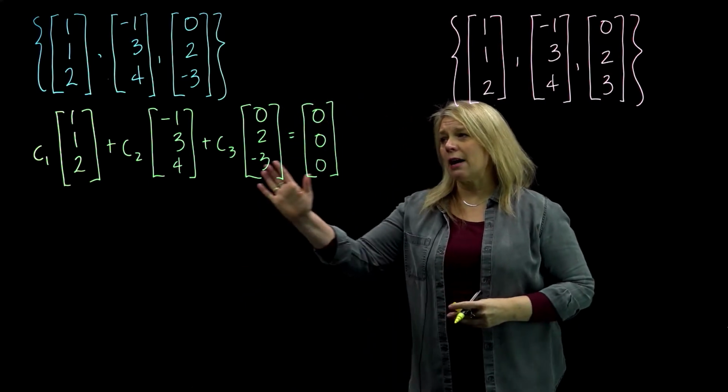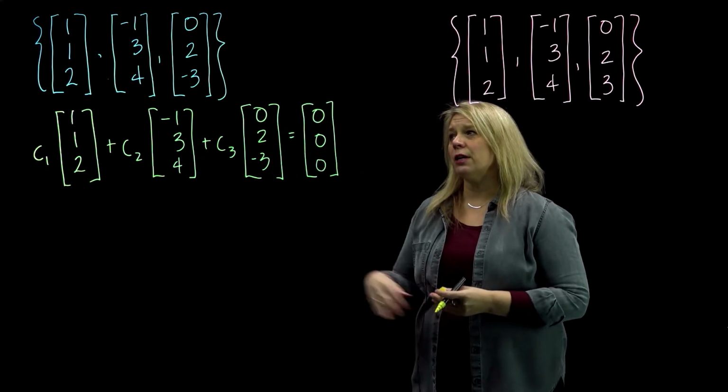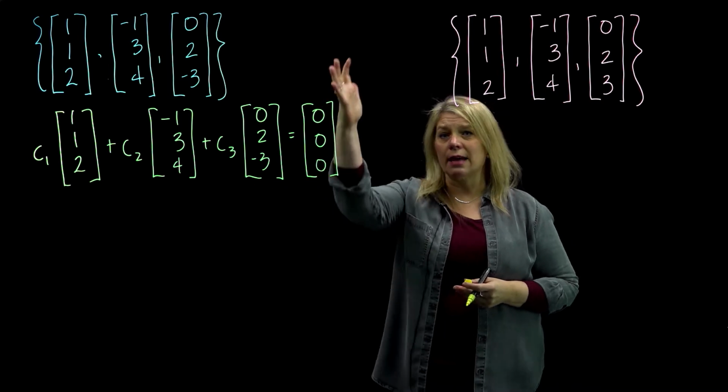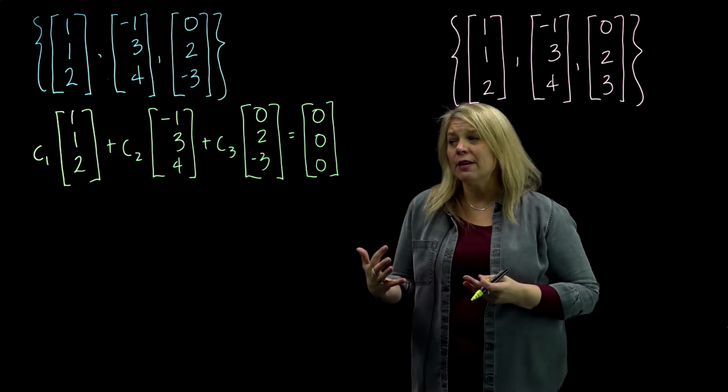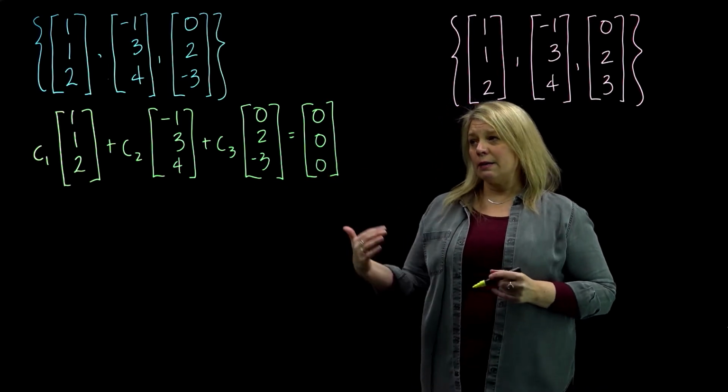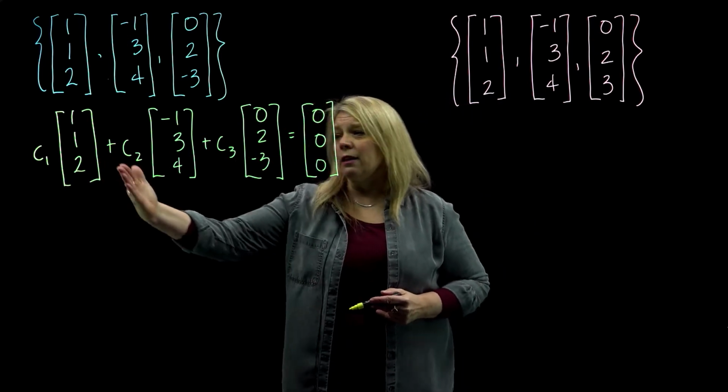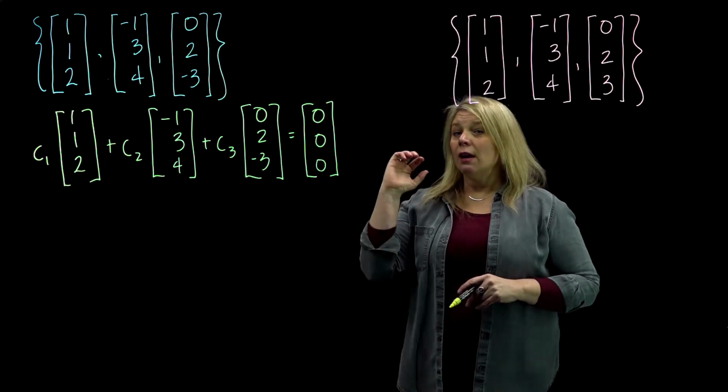I've written down a generic linear combination of those three vectors in the set and set that equal to the zero vector. The definition is about what kinds of scalars make this equation true.